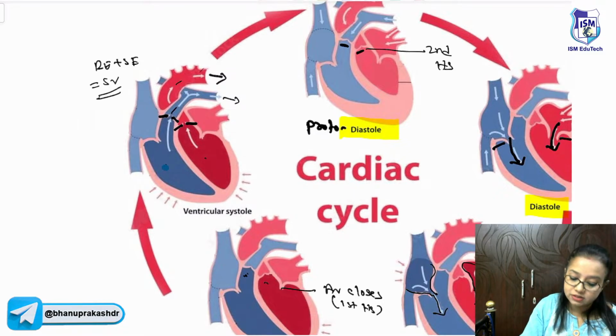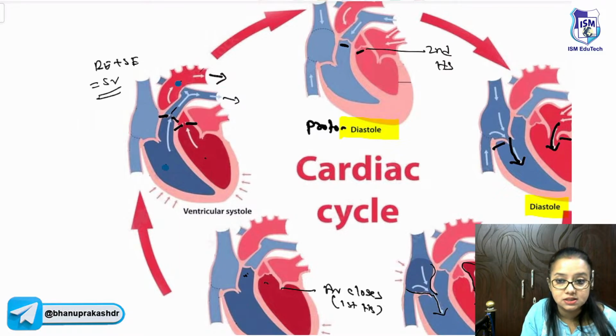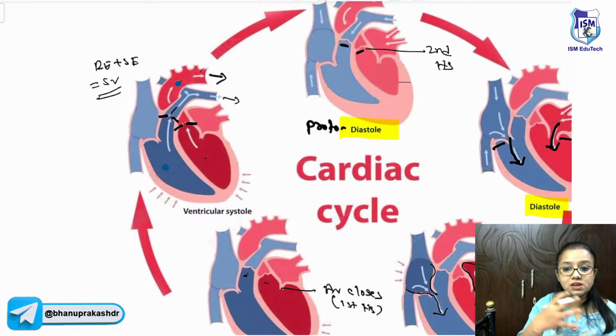But in the left ventricle, the pressure has to rise all the way to 80 and more, because in normal condition, the pressure existing in the aorta is 80 mmHg. So for the ejection of oxygenated blood from the left ventricle out into the aorta, it needs a pressure which is more than 80 mmHg.